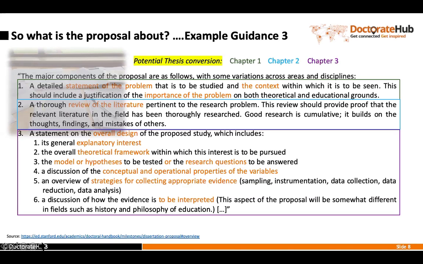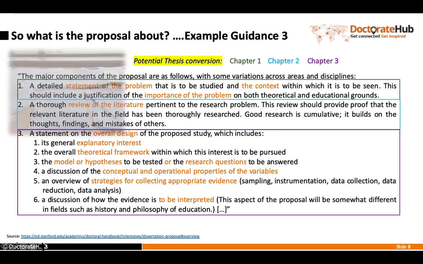Like also the conceptual and operational properties of the variables as we understand them by today, based upon our own experience or based upon a review of the literature. And of course, an interpretation of the problem based upon the knowledge as we hold it at current. So those are things that make up the thesis proposal.